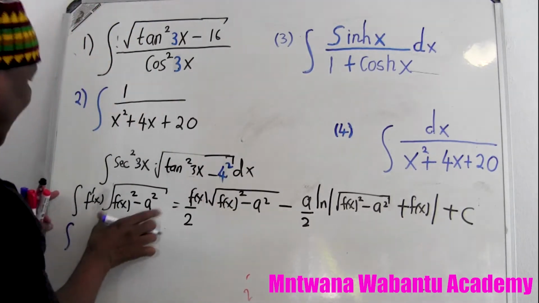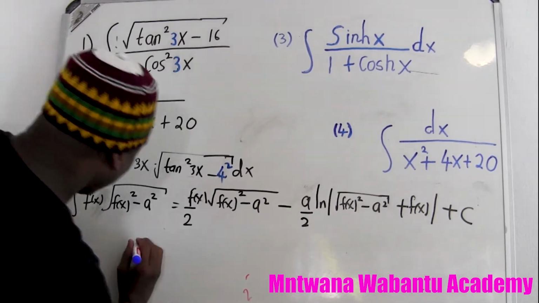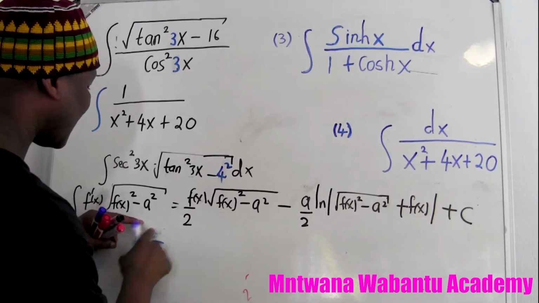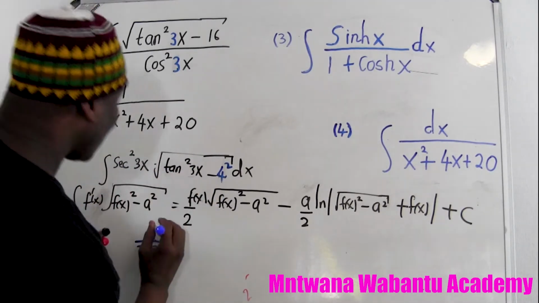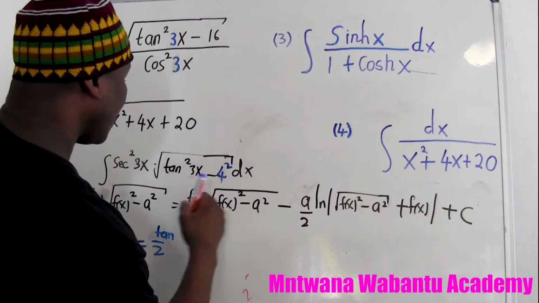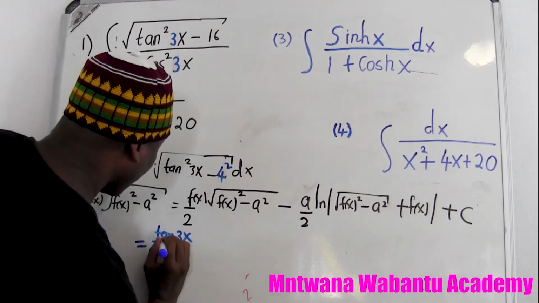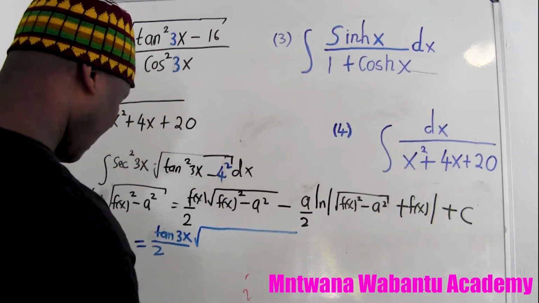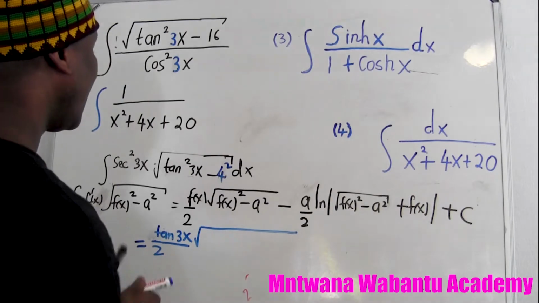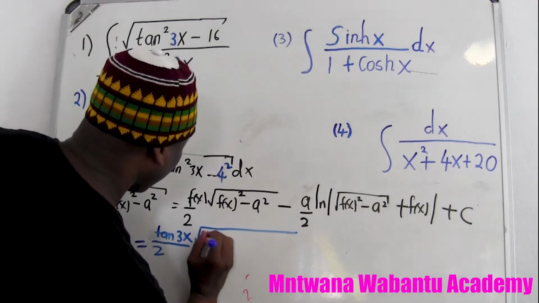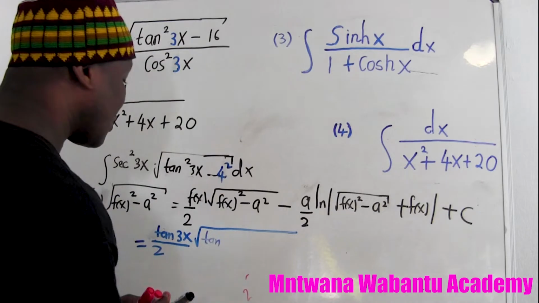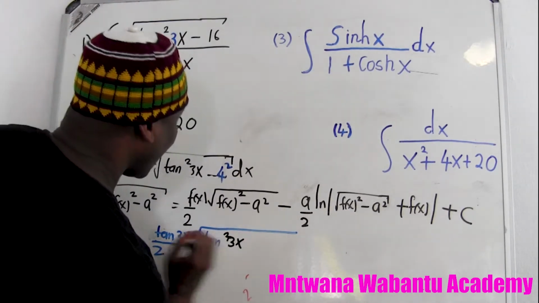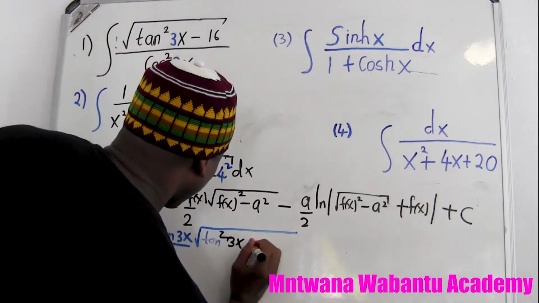So equals 1 over 2 times f of x, which for this case is tan 3x, times the square root of tan squared 3x minus a squared.